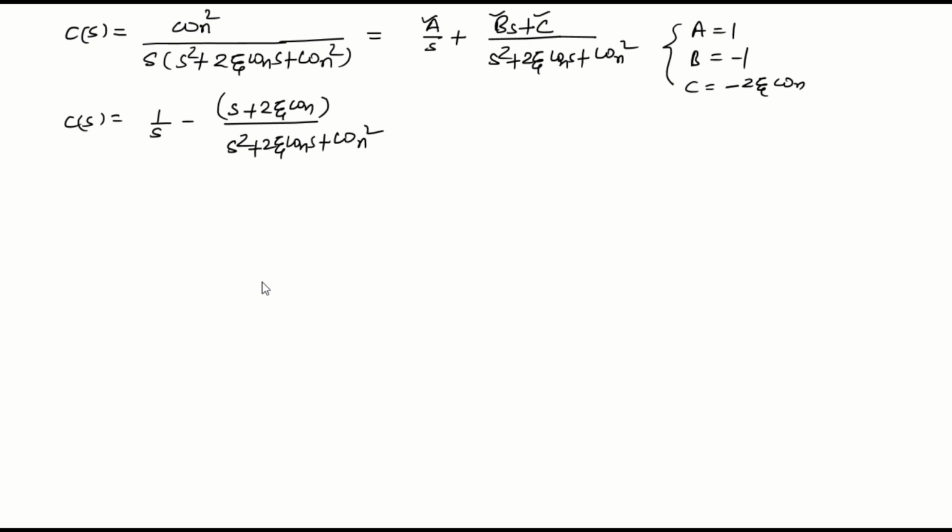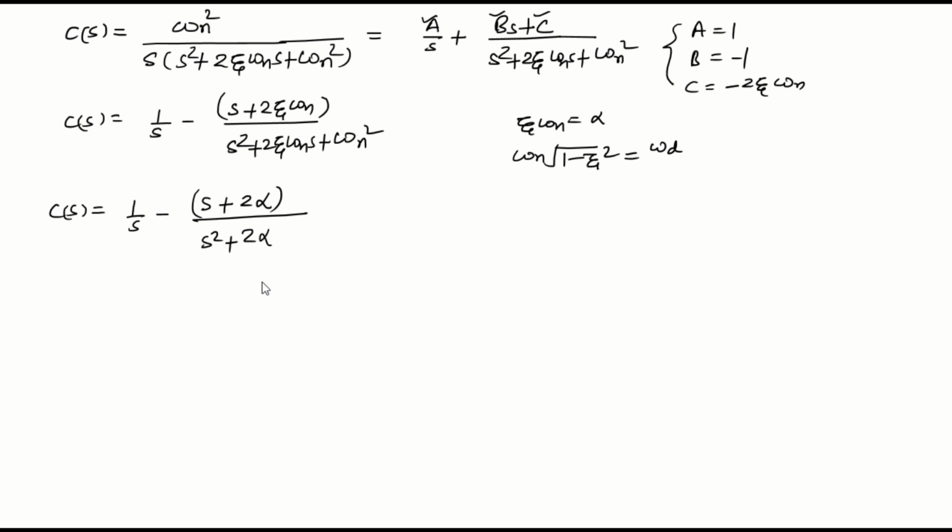Now in this equation we have assumed that zeta omega n is alpha, and we have also assumed that omega n multiplied by square root of 1 minus zeta square is omega d, the natural damped frequency. So let me put these values in this equation. This will be 1 by s minus s plus 2 alpha divided by s square plus 2 alpha s plus omega n square.